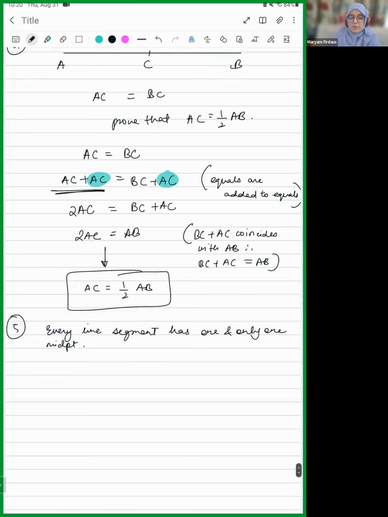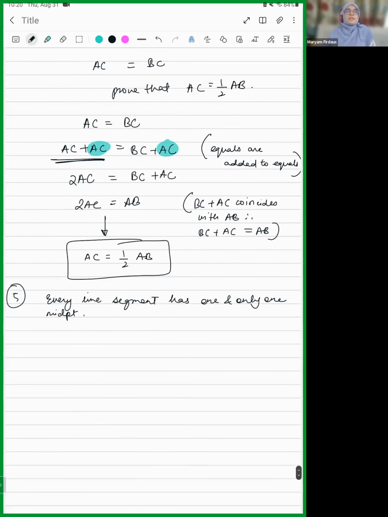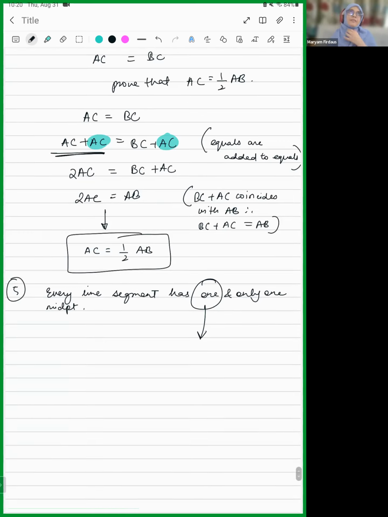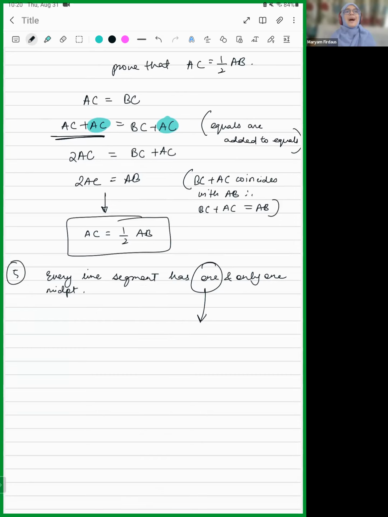The reason you have such statements in math is because one midpoint means that it has a midpoint. You're not restricting it to one. Or if I say, for example, I have a bag, I have one bag, same thing. But if I say I have only one bag, then it's different. If I say I have one bag, that means I can have more than one bag as well.